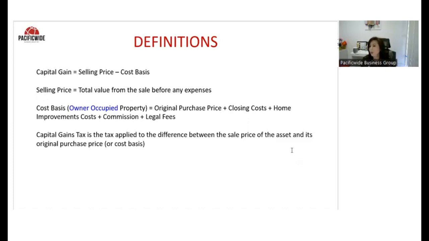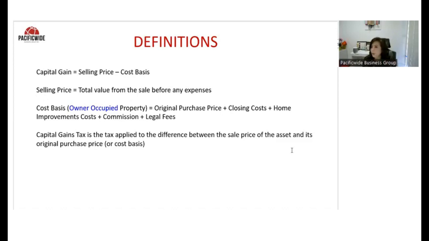Okay, but if you just use the money to make it nicer for you to enjoy living in it, then you cannot include it here at the time of purchasing. But when you sell it, say you bought the property in 2010, and now in 2023 you sell it for $1.2 million.